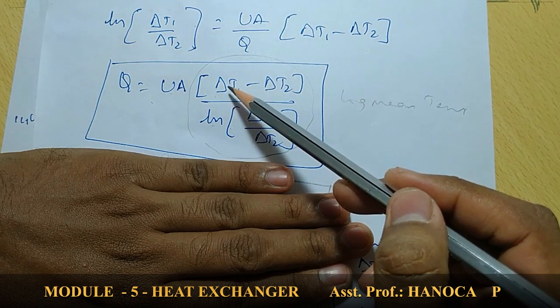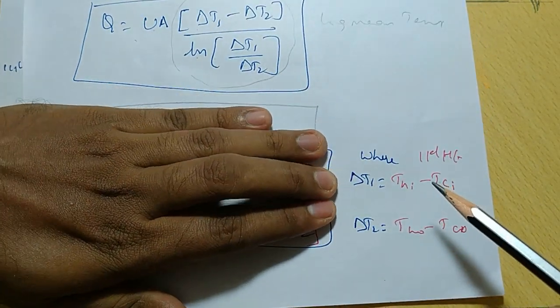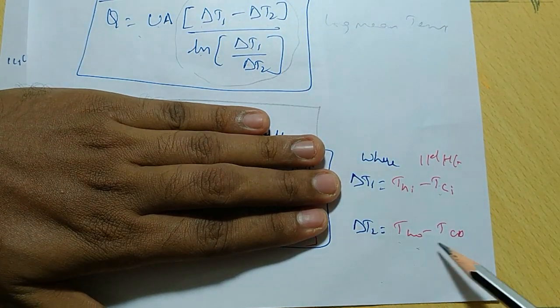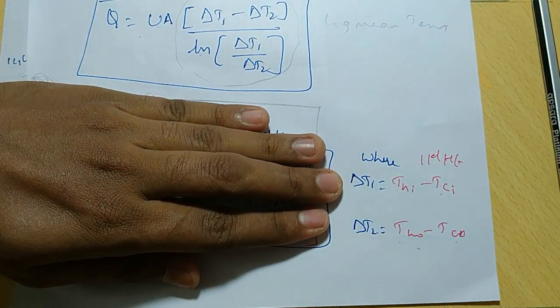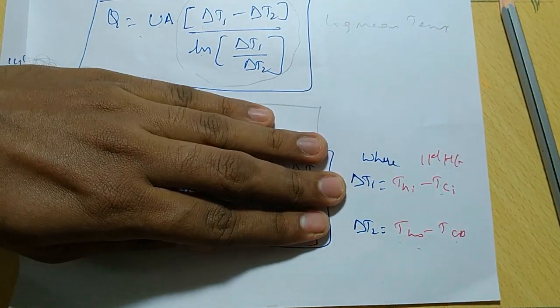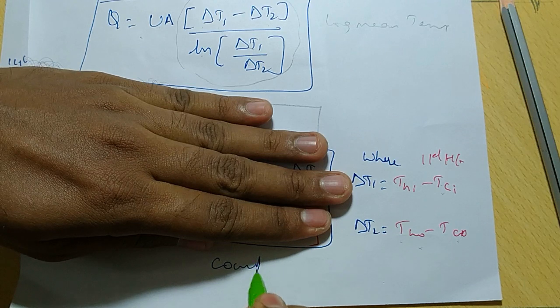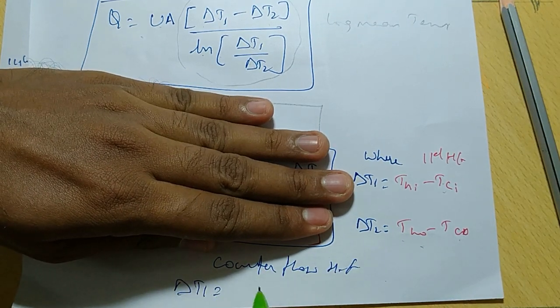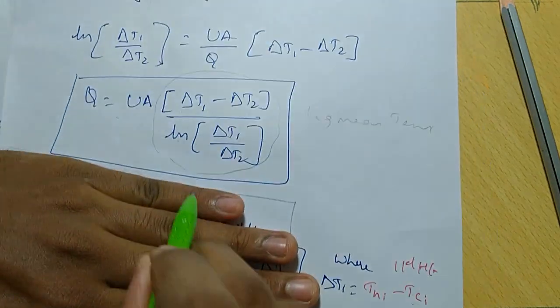But for parallel flow, delta T1 is what? Delta T1 is THI minus TCI. Delta T2 is TH naught minus TC naught. This is for the parallel flow heat exchanger. Suppose it is the counterflow heat exchanger, what is delta T1? The equation will be the same.